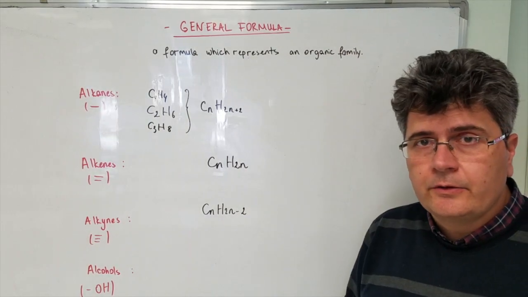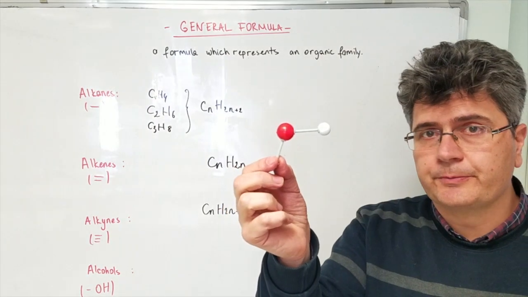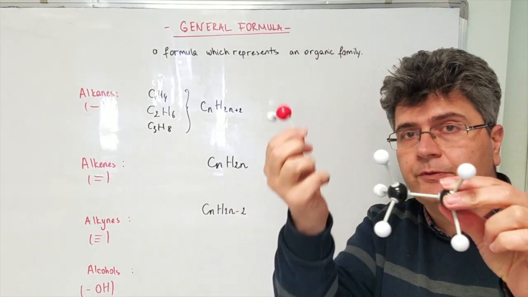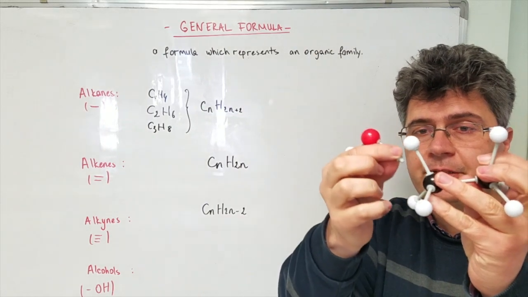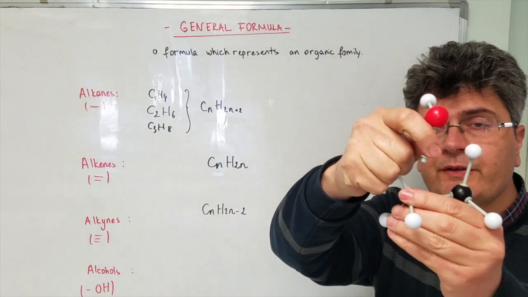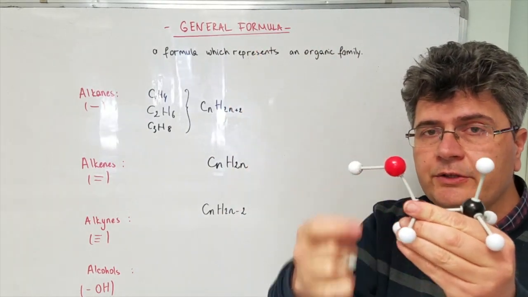And finally, alcohols. In the structure of alcohols, we need to have an OH group. We can get alcohols from an alkane by addition of this OH group. But in order to add this OH group in here, you need to remove one hydrogen. So I am removing one hydrogen from an alkane, and I am adding one OH group.